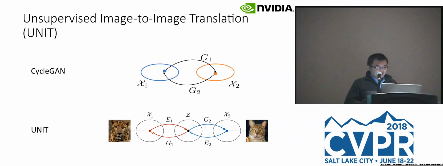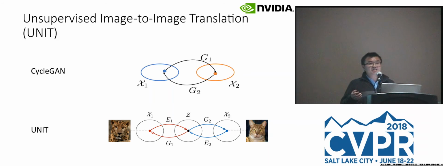And then, instead of having two functions, G1 and G2, you now have four functions. An encoding function E1 encodes an image in X1 to the latent code, and also an encoder function E2 from the other domain to the latent code. And you also have two generation functions, from the latent code to the first domain and from the latent code to the second domain.